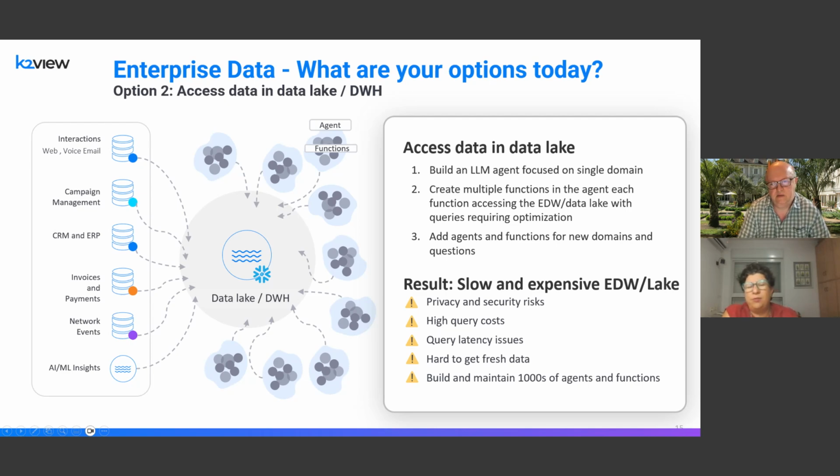You still have a problem of maintaining thousands. We're working with a customer that actually has thousands of LLM agents and LLM functions, each one addressing a single domain or a single customer question. And it still is a little bit of a nightmare trying to maintain that mess of agents.